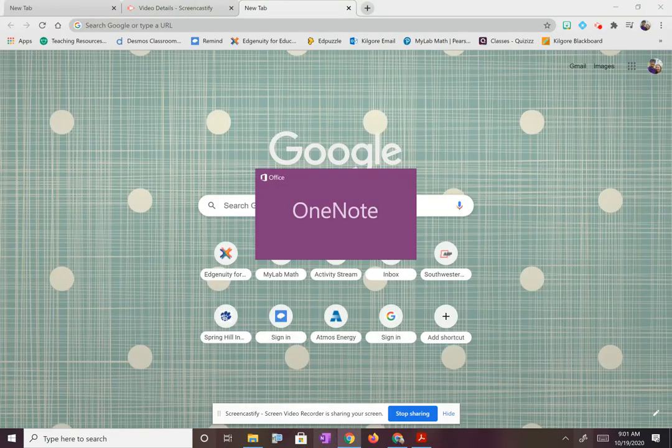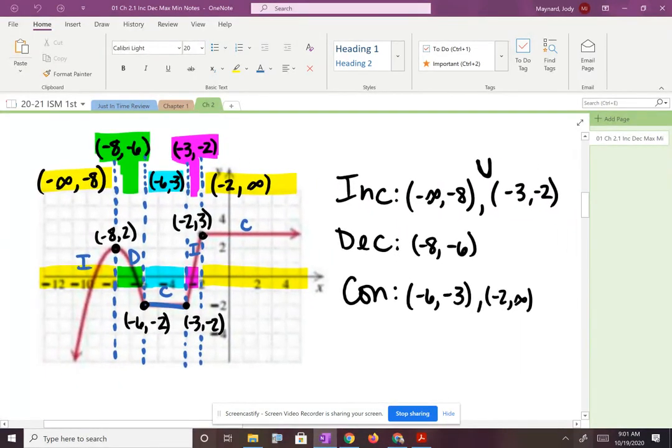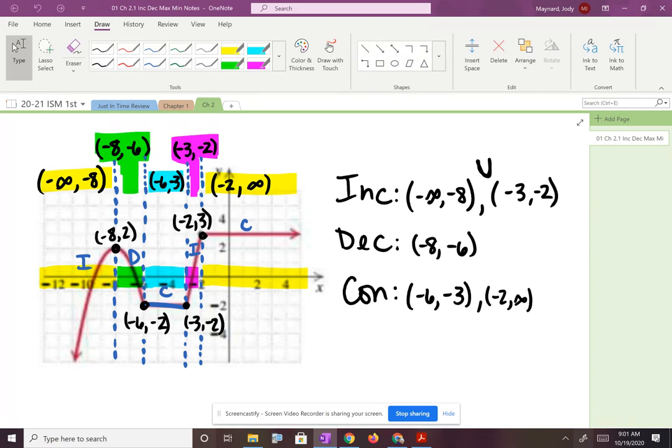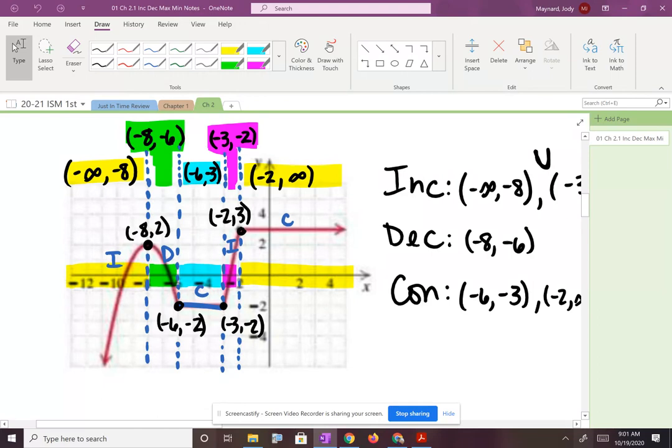I know I have a lot written on here, but do you see any relative maxes or mins? Do you see a maximum? Is there also a global? Well, okay. Some books say yes, some books say no. So we'll talk about that.